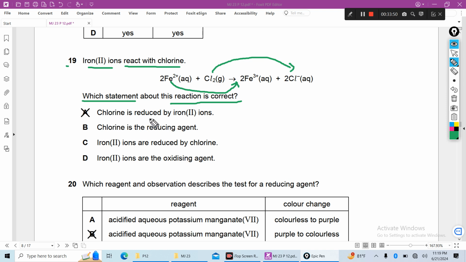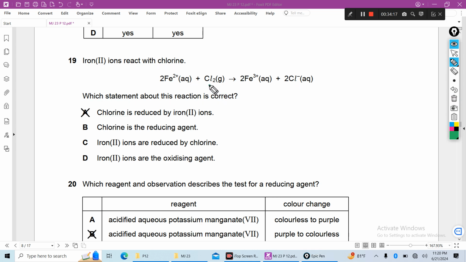So chlorine is reduced by iron 2 ions. Yes, this is true, because iron 2 ion reduces chlorine but itself oxidizes. I mean, chlorine is reduced by iron 2 ions. That means iron 2 ions reduce chlorine to chloride ion.